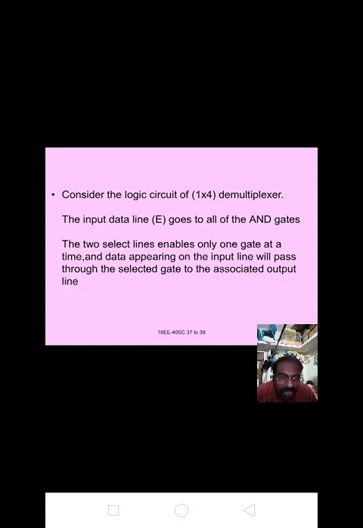I will show the diagram for you. It contains only data input E, 3 select lines S2, S1, S0, and 8 outputs D0, D1, D2, D3, D4, D5, D6, D7. The data input is directed to only one output line as specified by the binary value of the 3 select lines S0, S1 and S2.